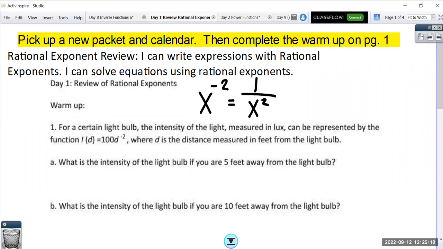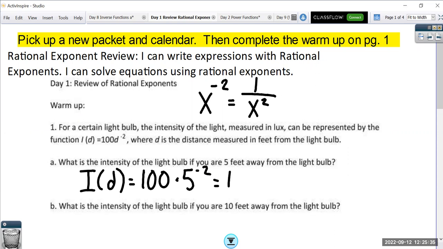So the intensity of the light bulb if you are 5 feet away. I'm looking at I of d equals 100 times 5 to the -2nd power.